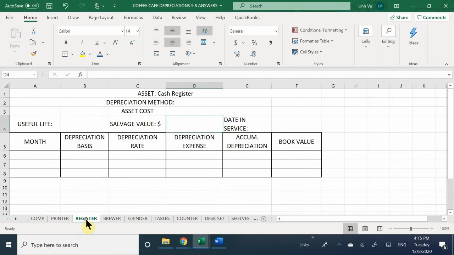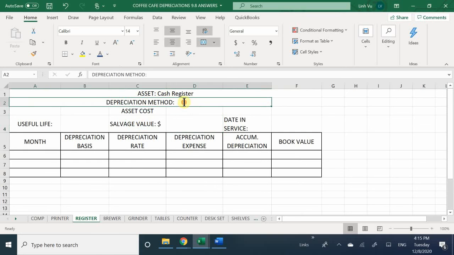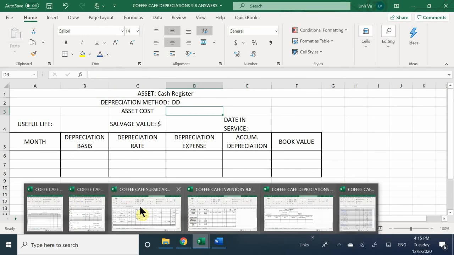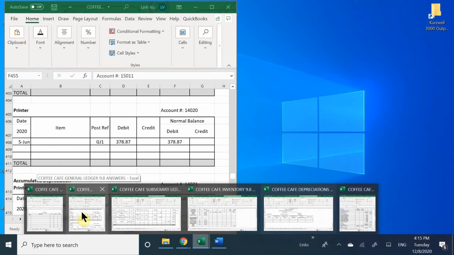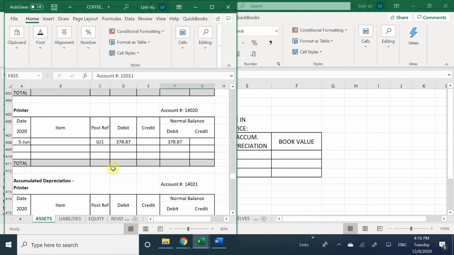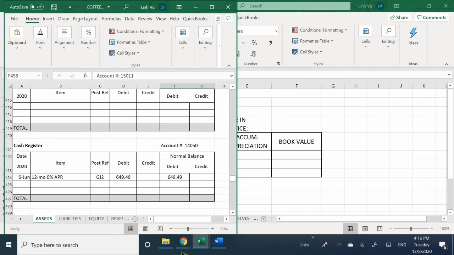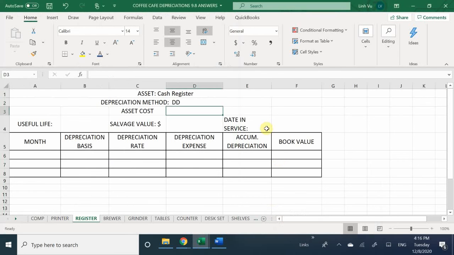Perfect. All right, let's go ahead and do the cash register. Again, we are recognizing that we're going to be using the cash register a lot in its life, so we're going to depreciate it twice as fast because we're using it every day. So what is my cash register cost? $649.49.